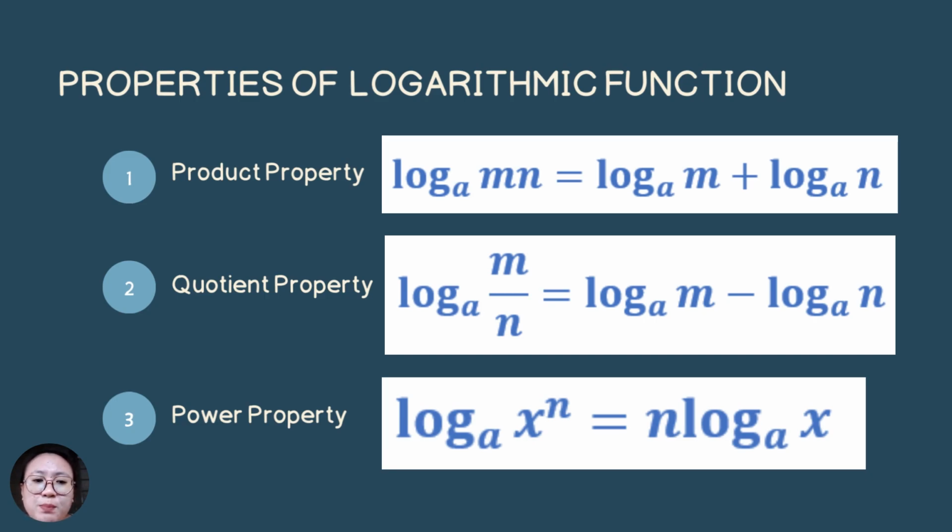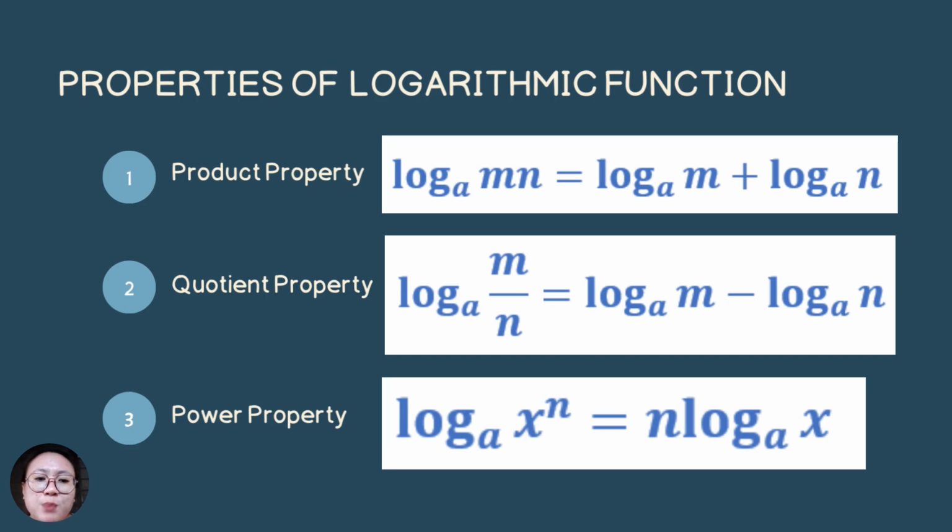Now for the quotient property, it states that the logarithm of m divided by n to the base a is equivalent to the logarithm of m to the base a minus the logarithm of n to the base a. And for the power property, the logarithm of x raised to n to the base a is equivalent to n times the logarithm of x to the base a.